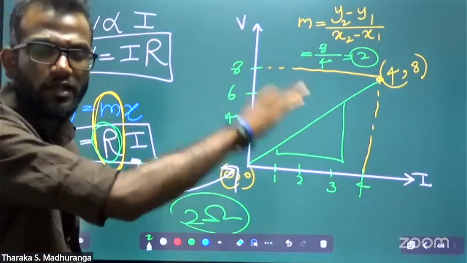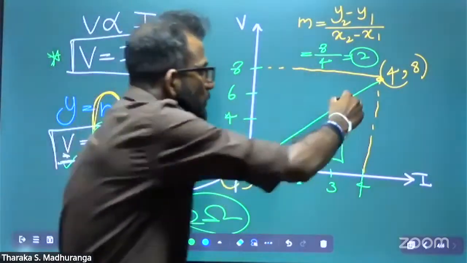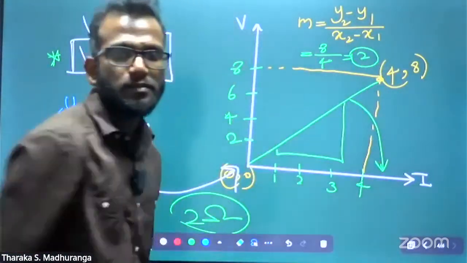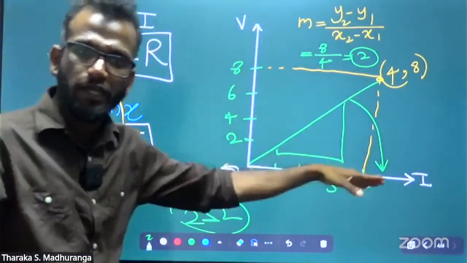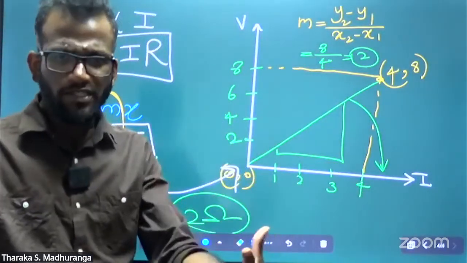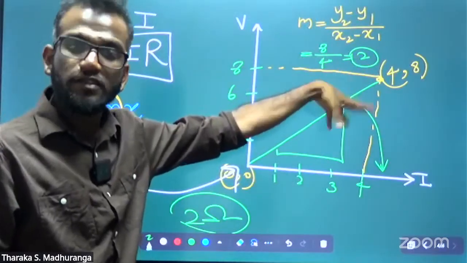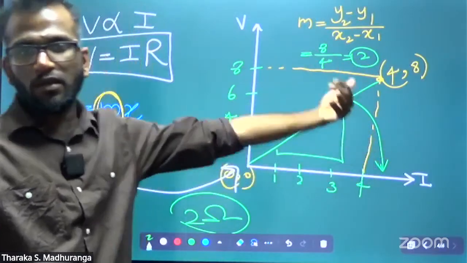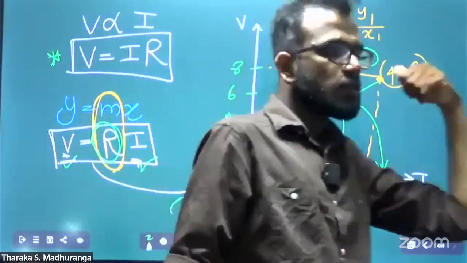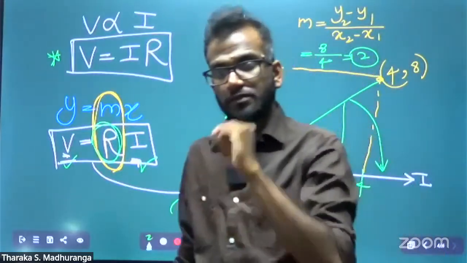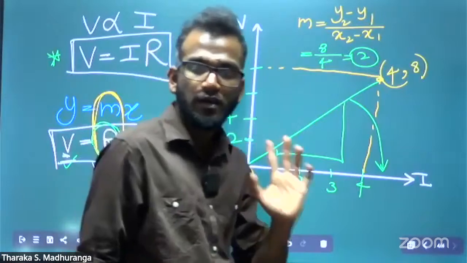The gradient means the tan of the angle, the slope into the positive x direction. This gradient calculation method we discussed not in this lesson but in coordinate geometry. Whatever method you use, if you find the gradient of this graph, it is the resistance of the conductor.